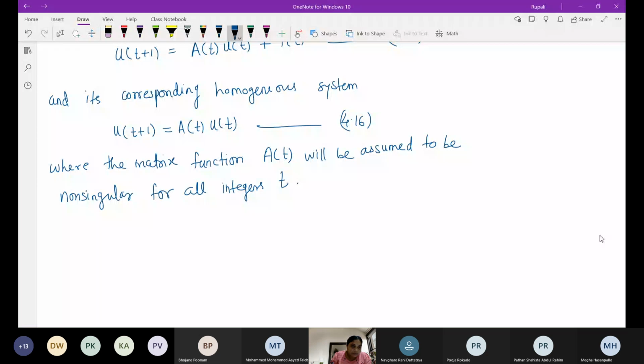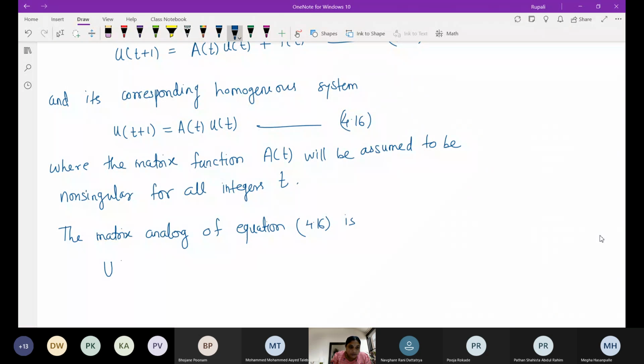Let us first write its matrix analog. The matrix analog of equation 4.16 can be written as follows. Here it is small u.